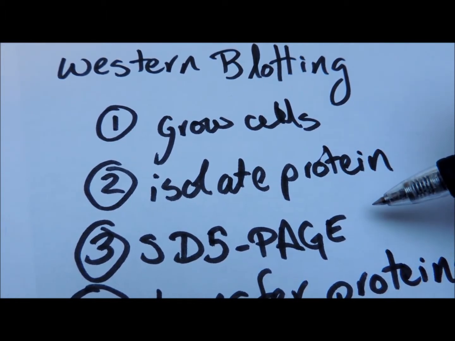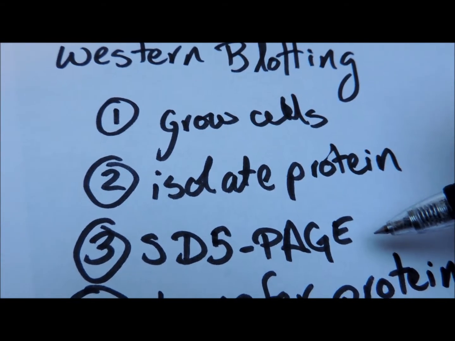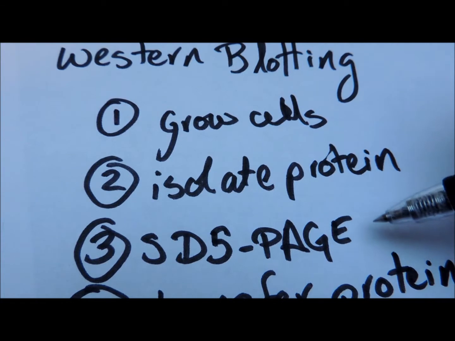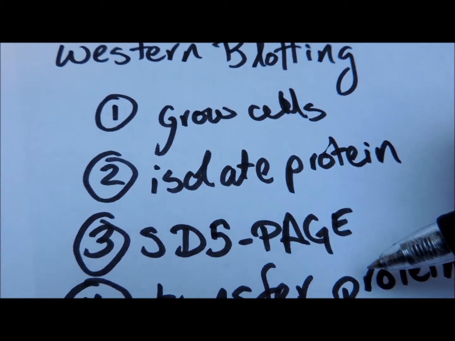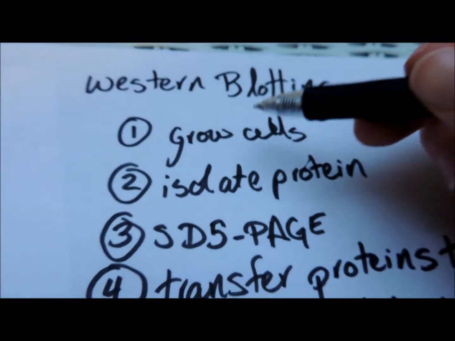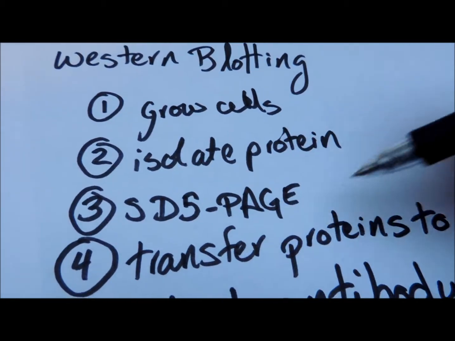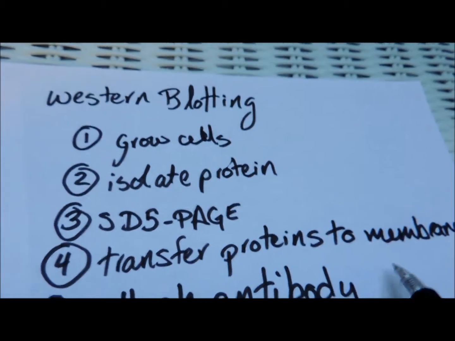We're going to load them on the gel. Then we're going to run an electrical current through the gel so that the large proteins stay towards the top and the small ones are pulled pretty far to the bottom of the gel. Then, in the case of Western blotting, we are not done. In the case of Western blotting, what we're going to do next is transfer the proteins to a membrane.